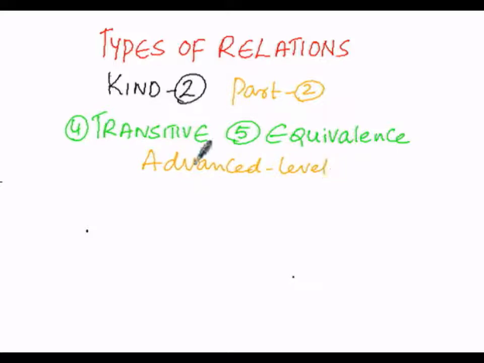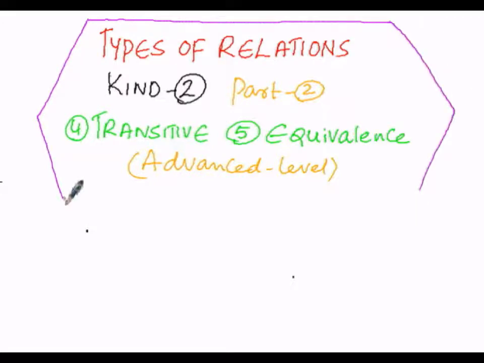So here first of all we will discuss the transitive relation. For a relation to be a transitive one, we have to suppose a relation R, then three elements A, B and C in set A. If a relation R is in A, then in case (A, B) belongs to the relation R and (B, C) also belongs to R, then that implies (A, C) also must belong to R. Only then is that particular relation R said to be a transitive one.